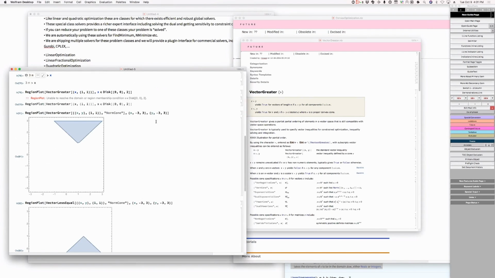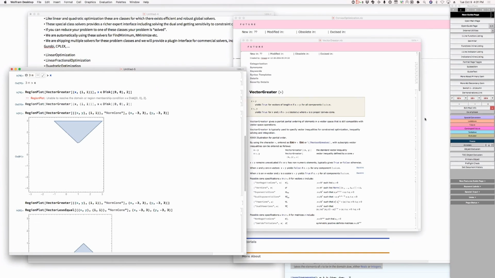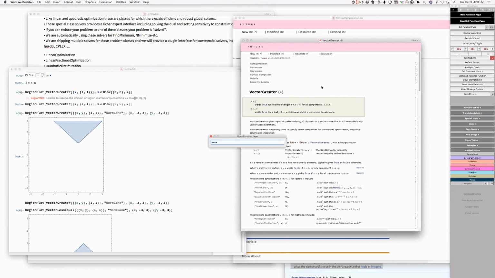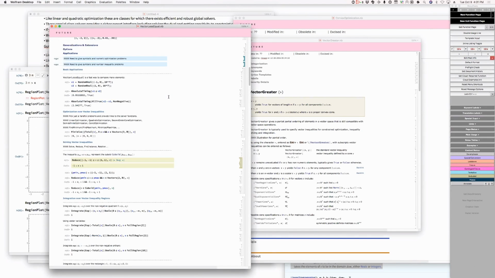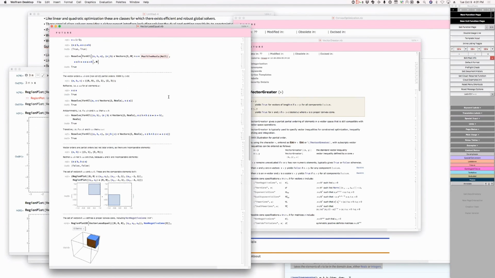So if I were to say region plot 3D, I could see one of these fancy dual exponential cones. Yes, actually go to vector less equal and you have a whole gallery of them. Okay. So now if you go to either properties or applications, there's starting to be more. This is because of a pivot.